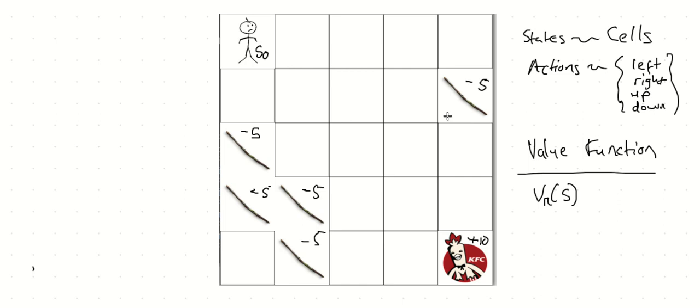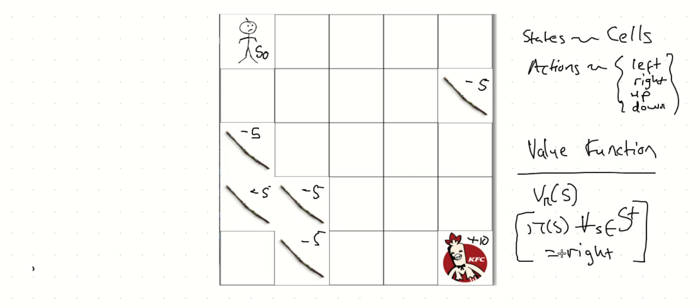So someone gives you a policy and say pi of s for all s is an element of capital S, this is supposed to be equal to right. That's the policy that they give you, right? This is their policy. So this is a bad policy, because you start from the state, you move right, you move right, you move right, you move right, and at the end you just end up here, and then you get stuck in the state. So that's a bad policy.